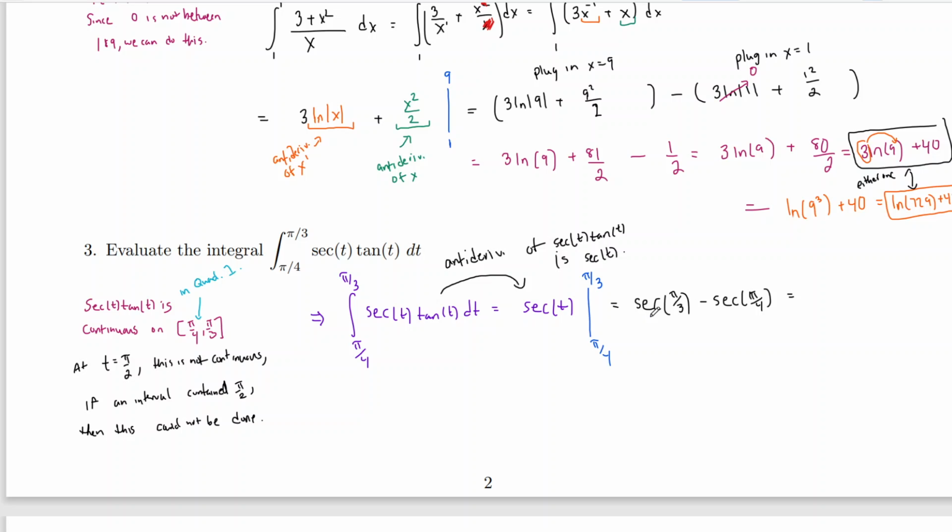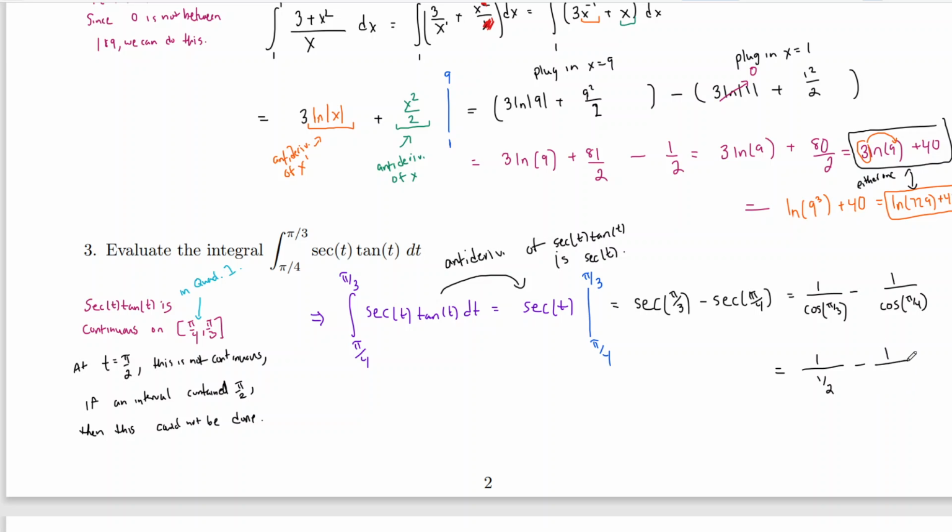But if you don't know the exact values of secant, you should be able to deduce the exact values of cosine. Secant is 1 over cosine. So we have 1 over cosine of pi over 3 minus 1 over cosine of pi over 4. Cosine of pi over 3 is 1/2, the bigger angle in quadrant 1.